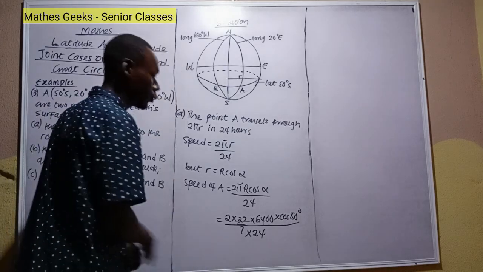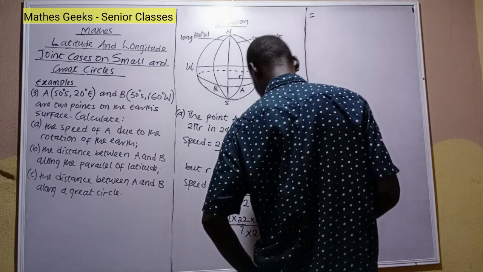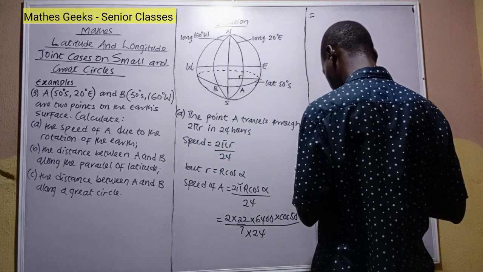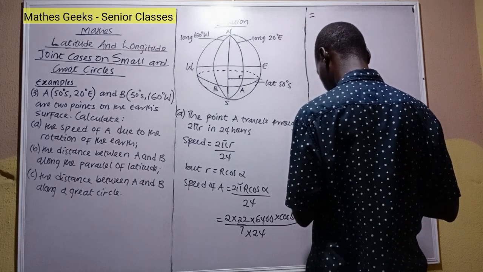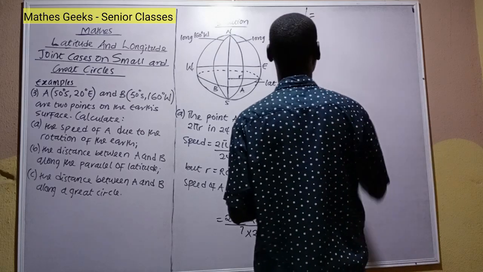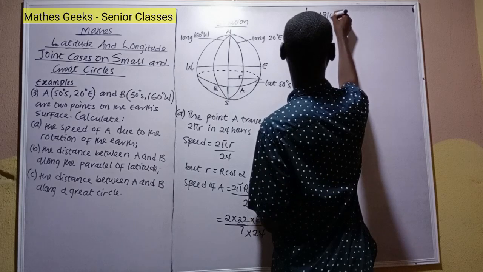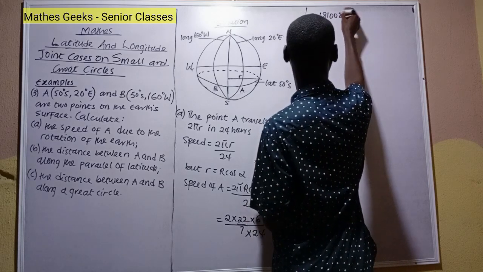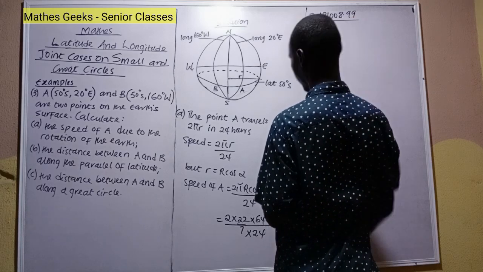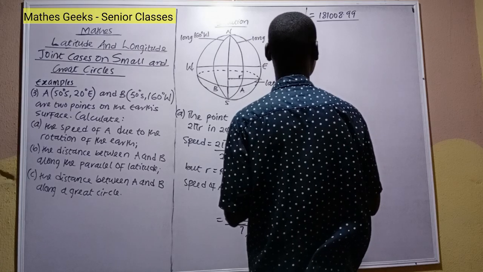So equal to 2 times 22 times 6,400 times cos 50, which is 181,008.99, divided by 7 times 24, which is 168.